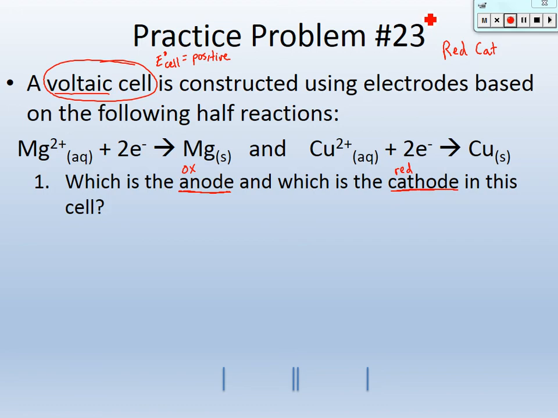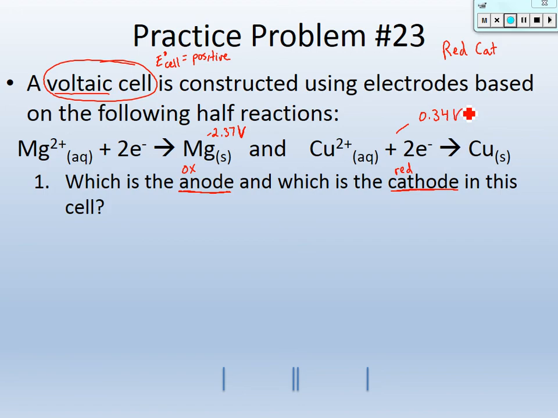Okay, let's see how you did with this part. If I look up the Mg plus 2 electrons goes to Mg, it's near the bottom of your table, and the voltage for that is a negative 2.37 volts. And if I look up the copper plus 2 electrons goes to copper, I'm getting that this one is 0.34 volts.